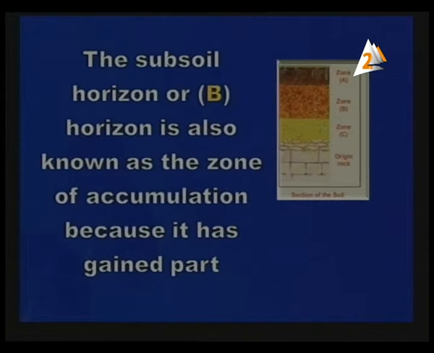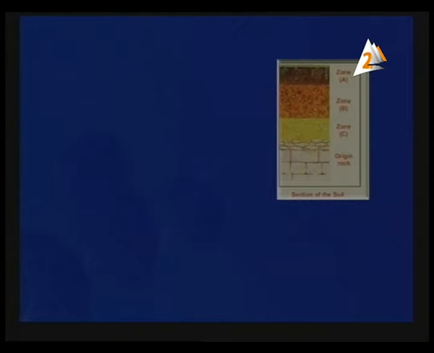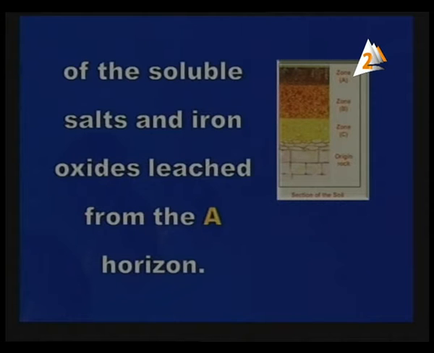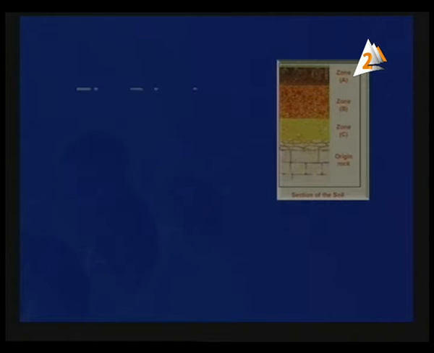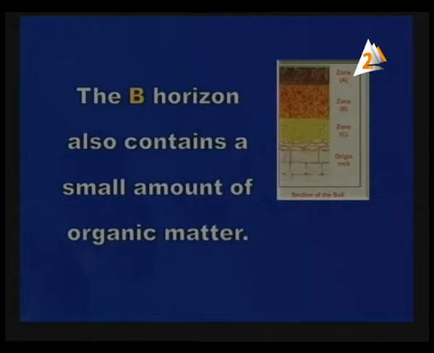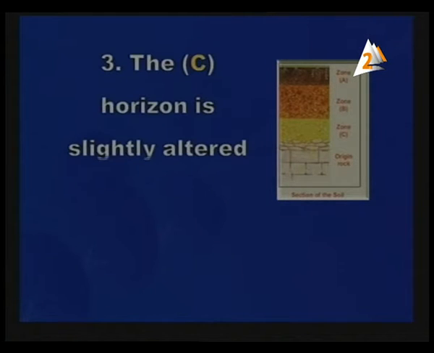The subsoil horizon or B horizon is also known as the zone of accumulation because it has gained part of the soluble salts and iron oxides leached from the A horizon. Also, the B horizon contains a small amount of organic matter.